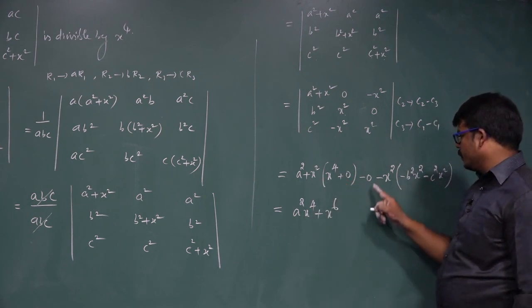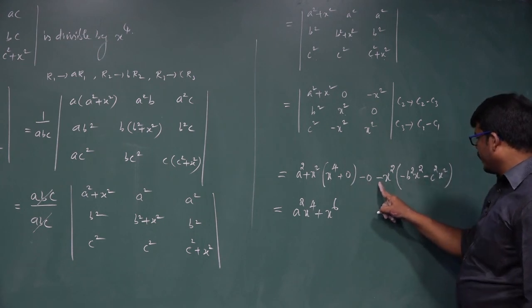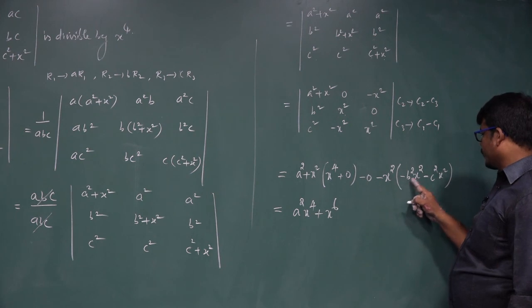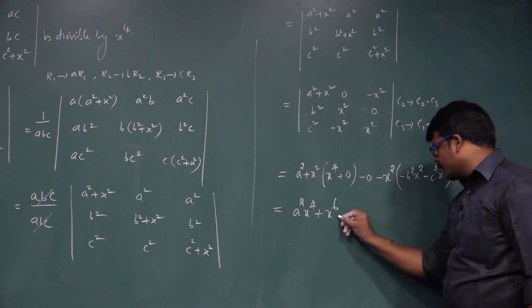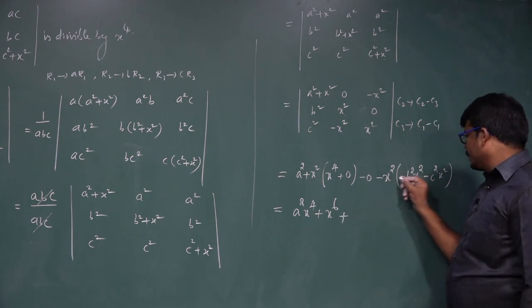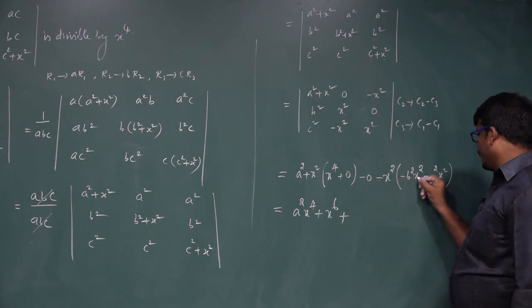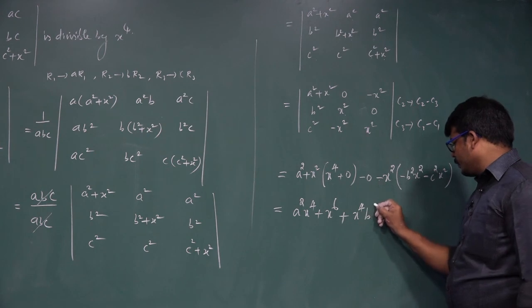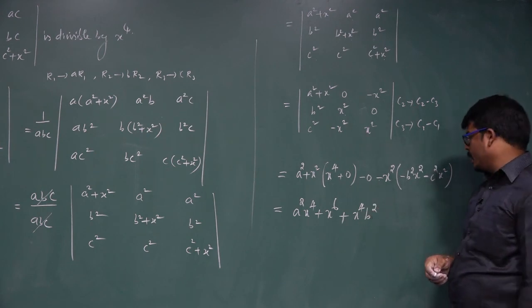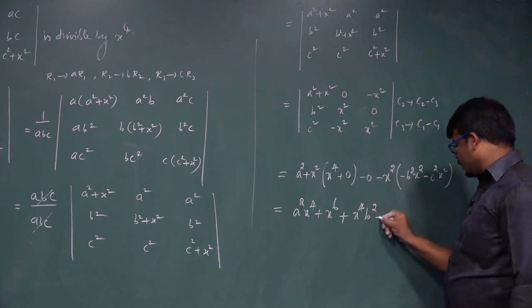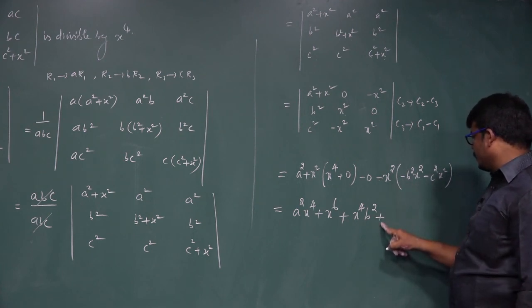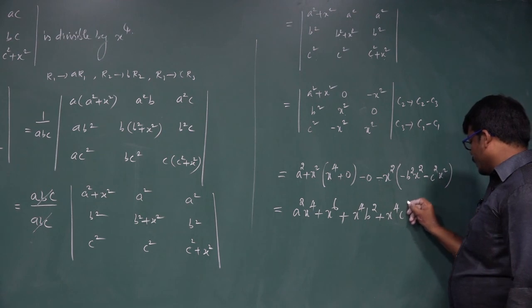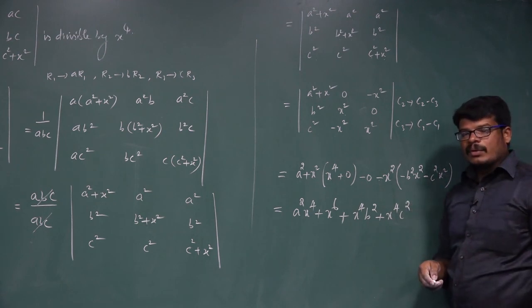Next, minus of x square into minus b square x square: minus and minus is plus, x square into x square gives x power 4 b square. Next, minus and minus is plus, x square and x square is x power 4 c square.